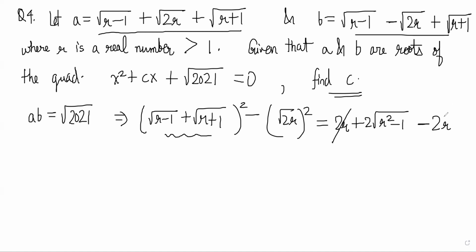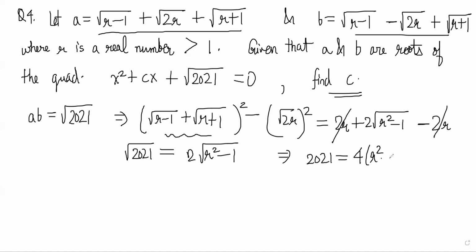So this gets cancelled, and you are getting product of the roots is twice of root of r square minus 1, right? Now apparently that should be equal to root of 2021. Basically we can say 2021 is equal to 4 times r square minus 1, right?